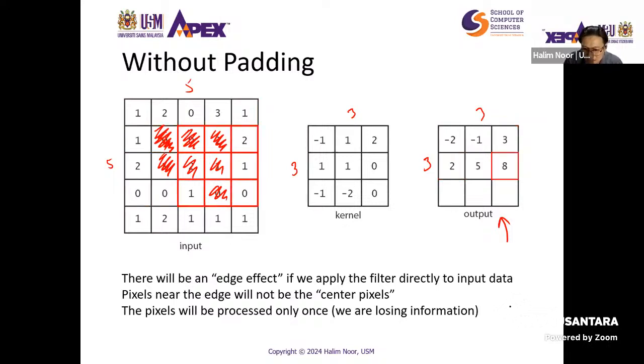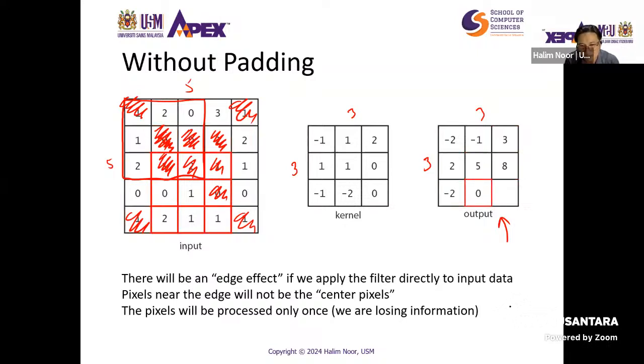Now, another thing is that when we apply the convolution, this is the first region, right? The corner pixels, these are the corner pixels, are processed only once.